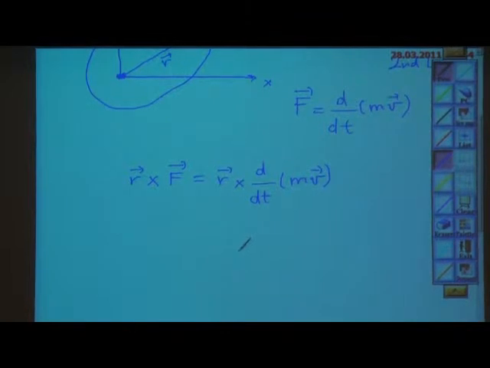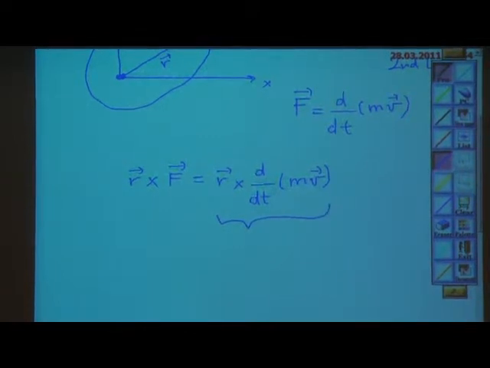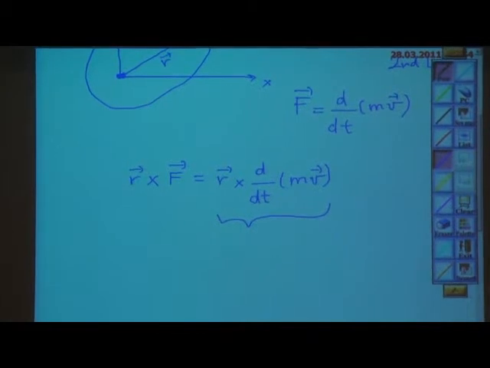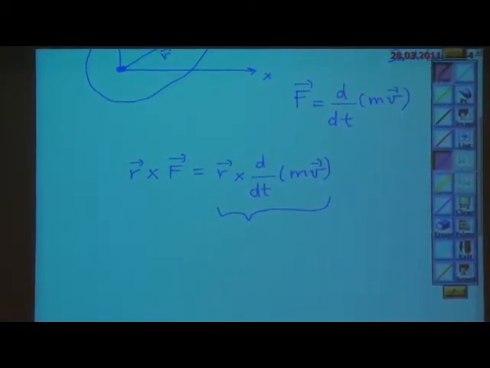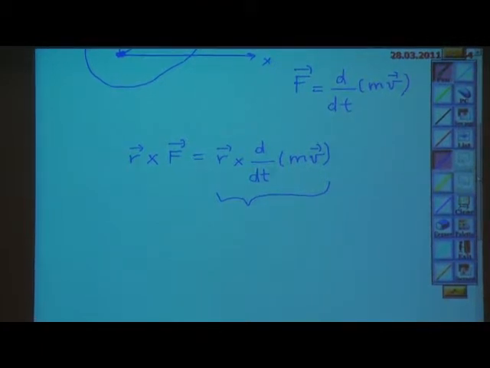Now, we are at a new stage where we are going to investigate the right-hand side of this equation, for which you will use your intuition. This is the cross product of a position vector r with the time derivative of a linear momentum.